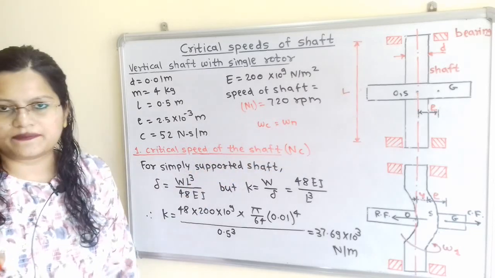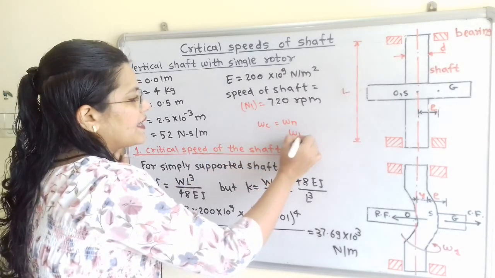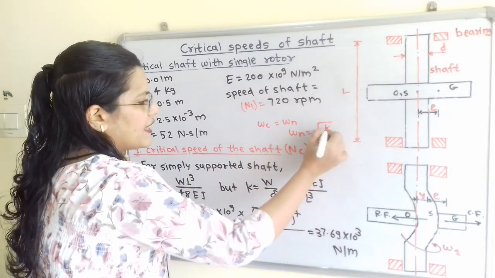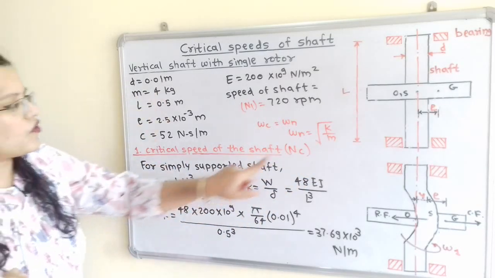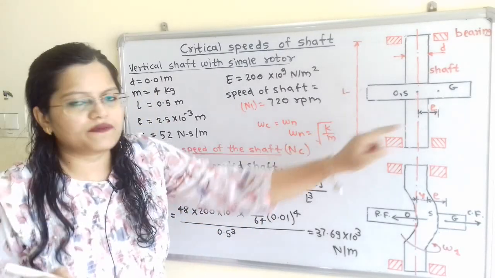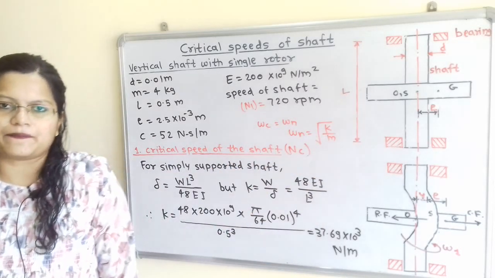How to find out this omega N? We know that omega N is equal to square root of K by M, where mass M is 4 kg, but the stiffness of the shaft is not known. So we have to first find out this K.